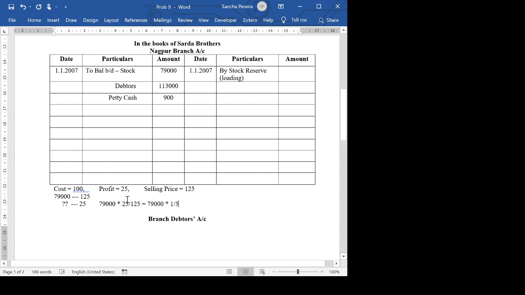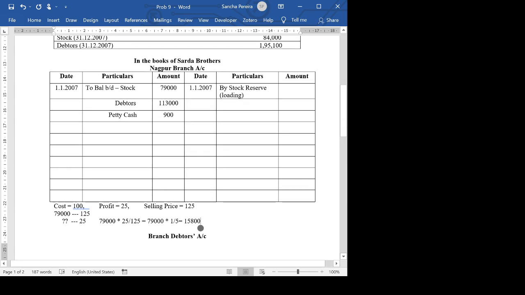How did I get 1 upon 5? 25 ones are 25, 25 fives are 125. So 79,000 divided by 5 is 15,800. Yes, 15,800.